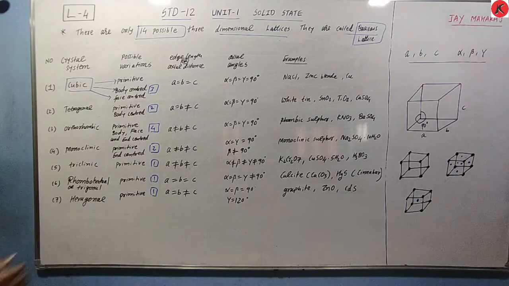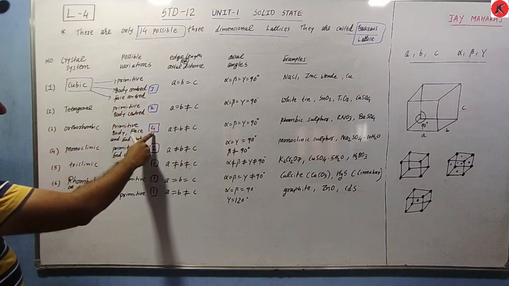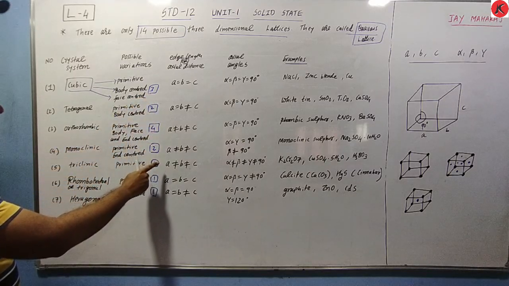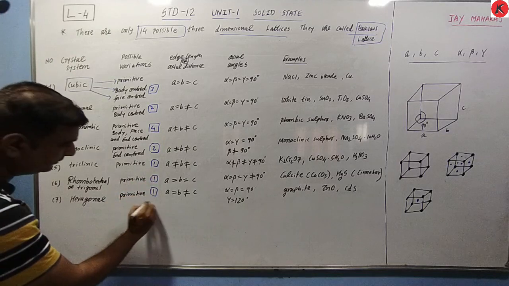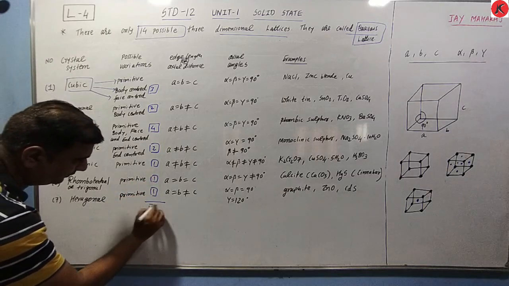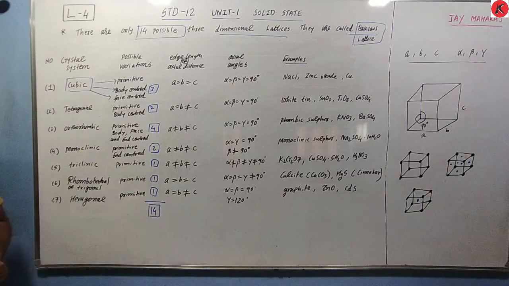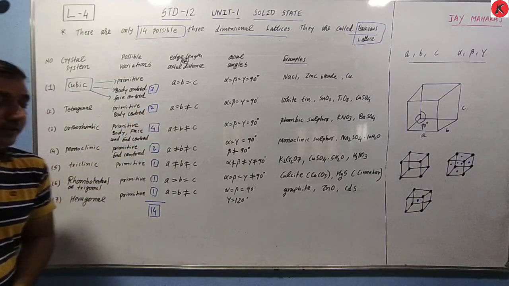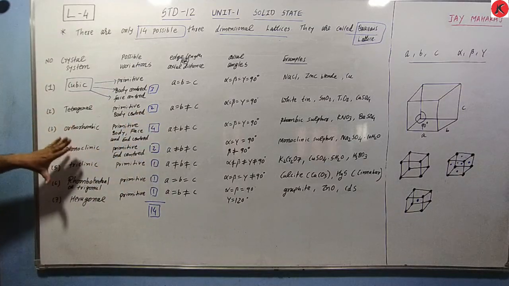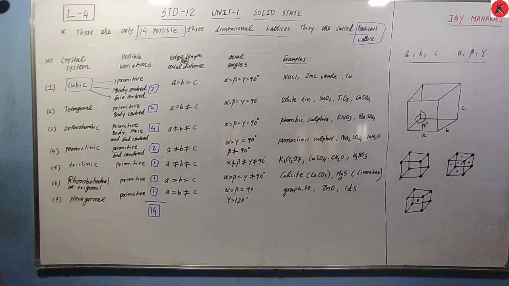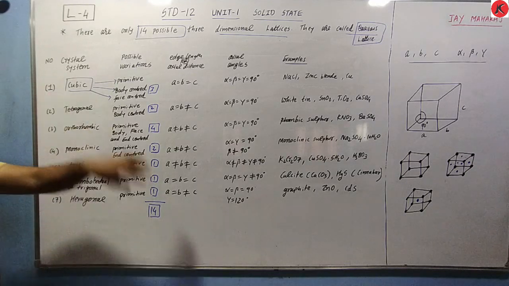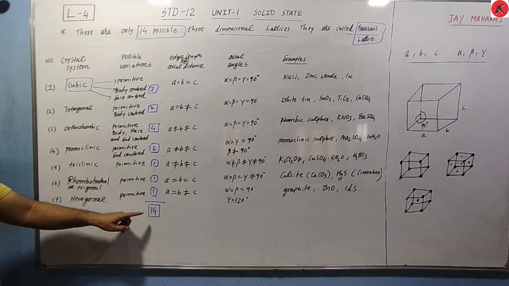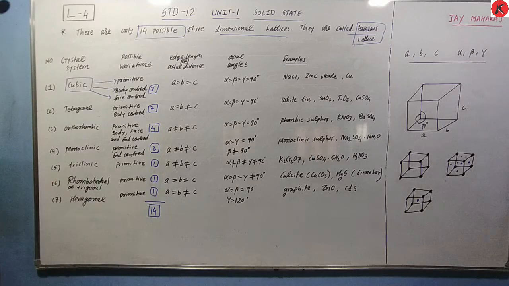So if we add 3 plus 2, 5, plus 4, 9, then 11, 12, 13 and 14. So 14 types of Bravais lattices are there. Actually, basic systems are 7, and with possible variations it becomes 14.